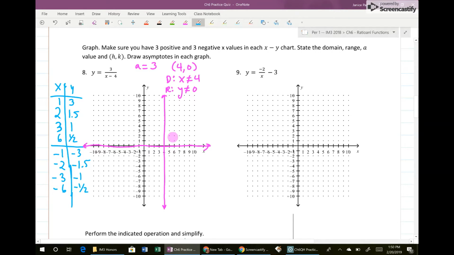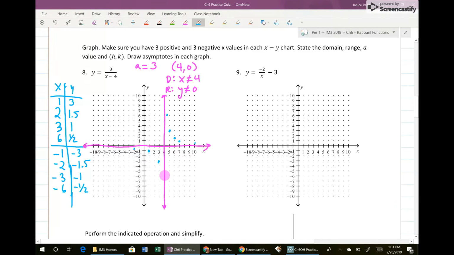So 1, 1, 2, 3. And I go to 2, which is 1.5. And then 3 is 1, 4, 5, 6 is a half. You can even do a half and then go up to 6 if you wanted to on this side. Even though I didn't really write that down, I know that it should be a half at 6 on the other side. -1, 1, 2, 3, -2, -1.5, -1, 2, 3, -1, and I can go all the way to -6, which is a half.